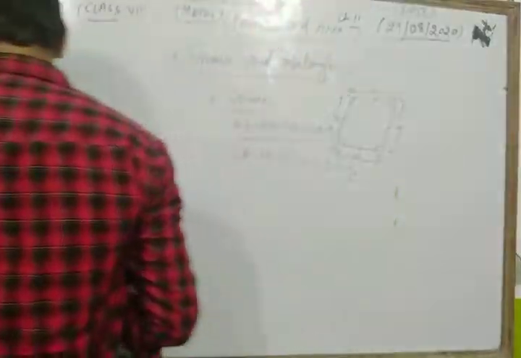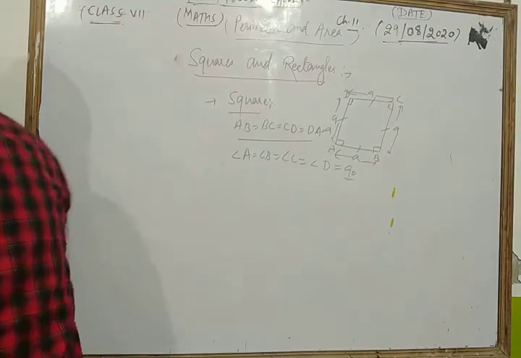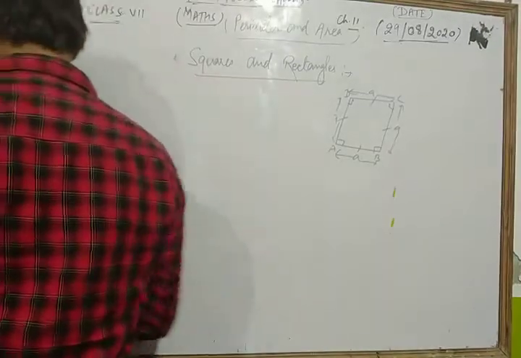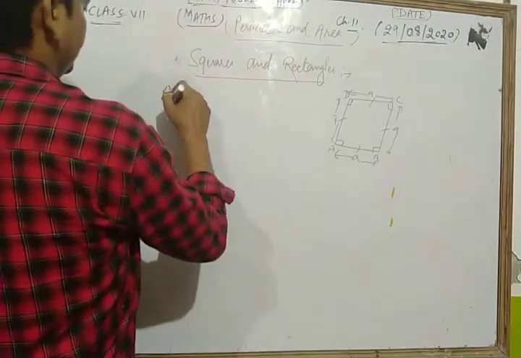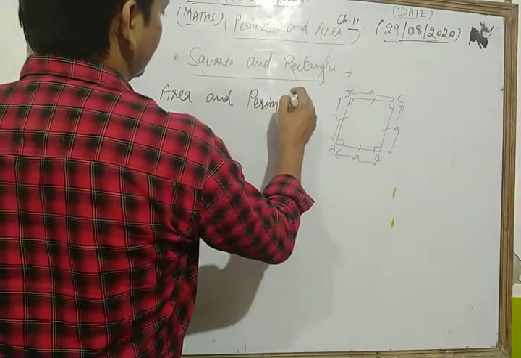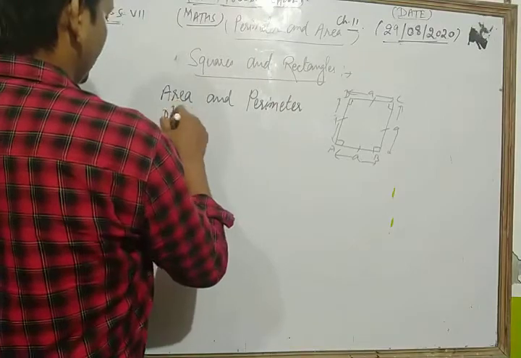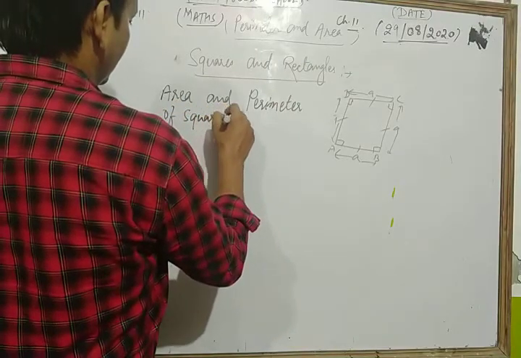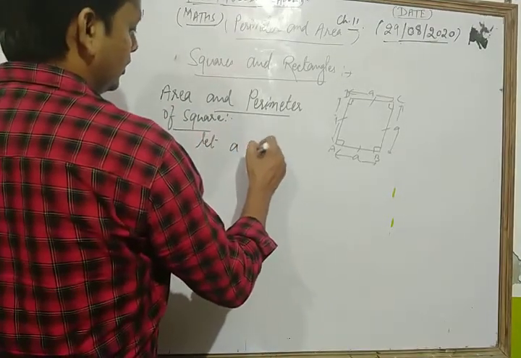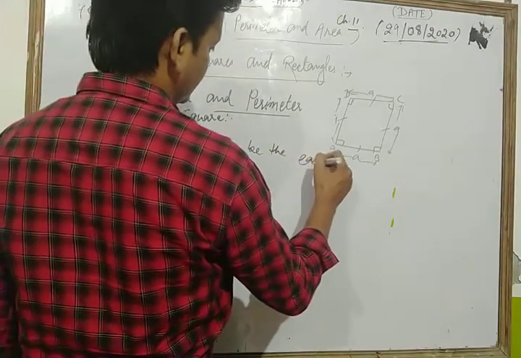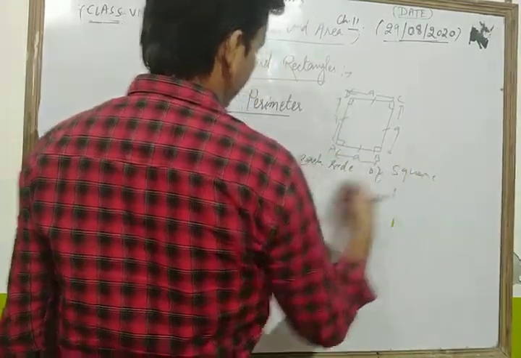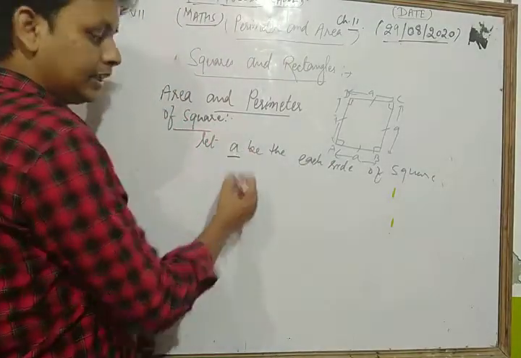Let's see. Now we discuss the area and perimeter of a square. Suppose, dear students, let A be each side of a square.